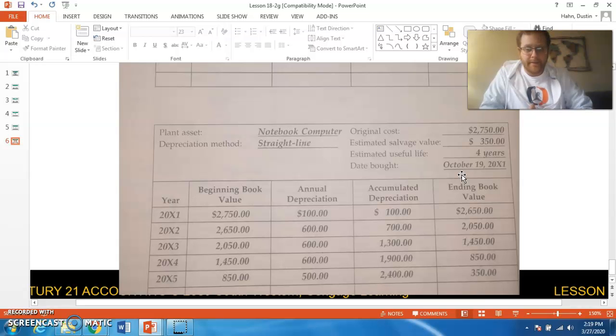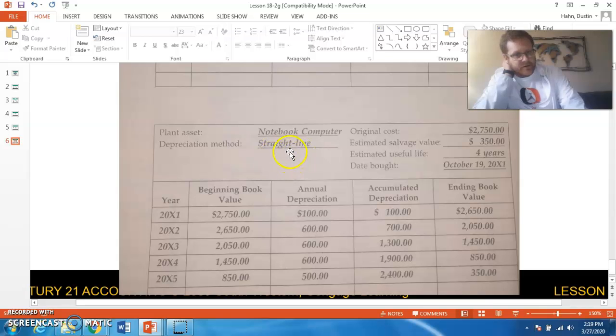real life right here. Okay, so the second example, it says on October 19th, you bought a notebook computer for $2,750, estimated salvage value of $350, and an estimated useful life of 4 years. So looking at this, our asset is your notebook computer.